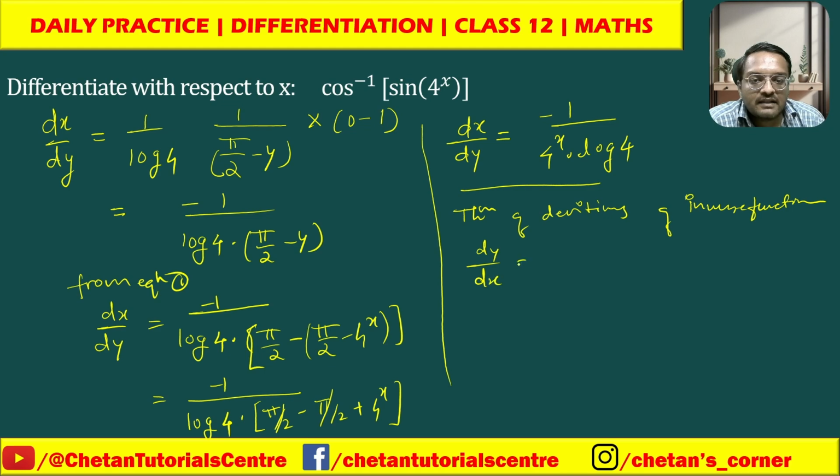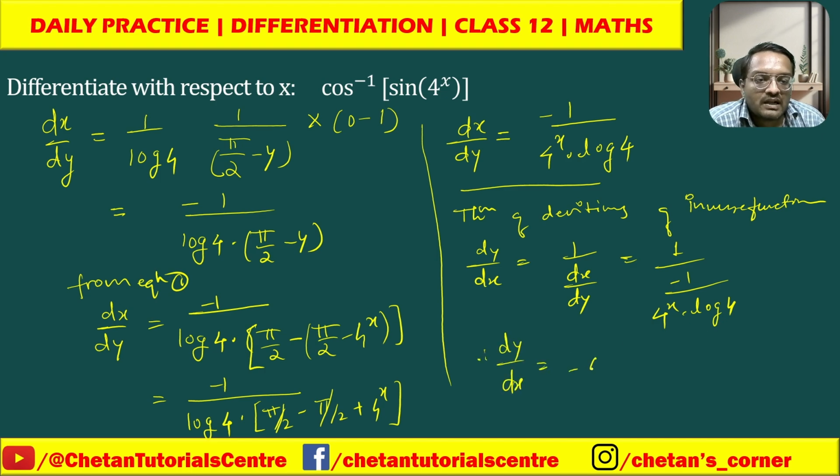Dy by dx is equal to 1 upon dx by dy. So the value of 1 upon dx by dy is 1 upon minus 1 upon 4 raised to x into log of 4. Therefore, dy by dx will be equal to minus 4 raised to x into log of 4.